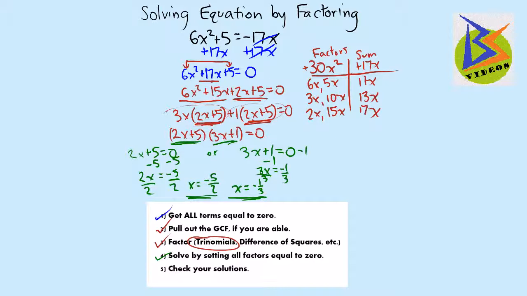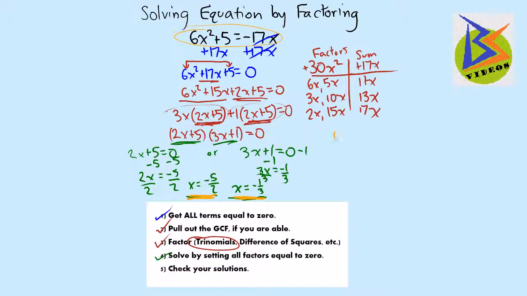So now we need to check them to make sure that they are going to work. In order to do that, we are going to come back to our original problem of 6x squared plus 5 equals negative 17x and plug in negative 5 halves, see if it comes out with a true statement, and then we need to put in the negative 1/3.